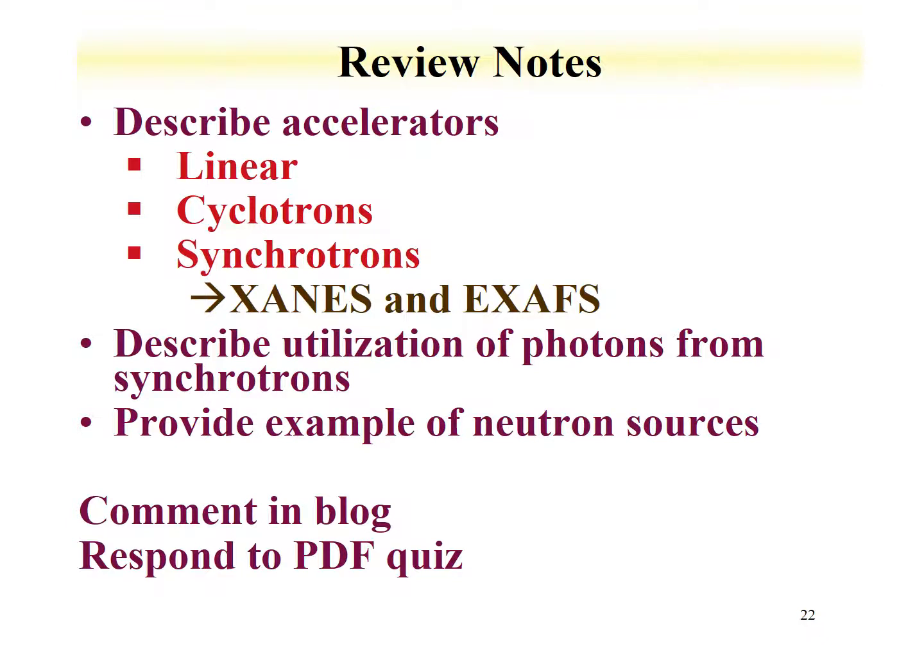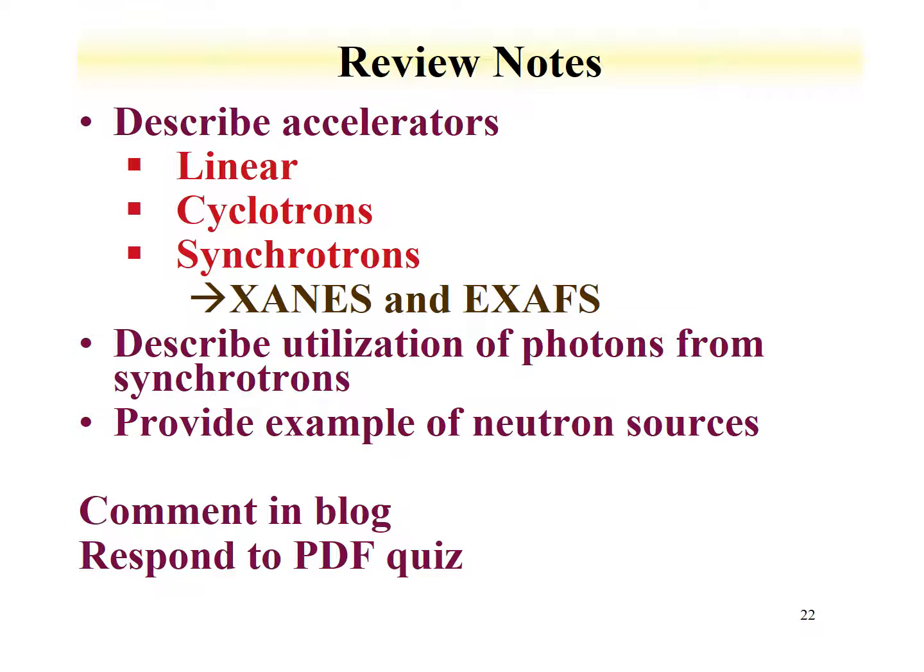We've covered different types of particle accelerators, linear accelerators, starting off with the constant potential, going all the way up to high energy or heavy ion linear accelerators. Cyclotrons, where as opposed to having a straight line accelerator, one has a circular accelerator. Both these linear accelerators and cyclotrons accelerate particles.